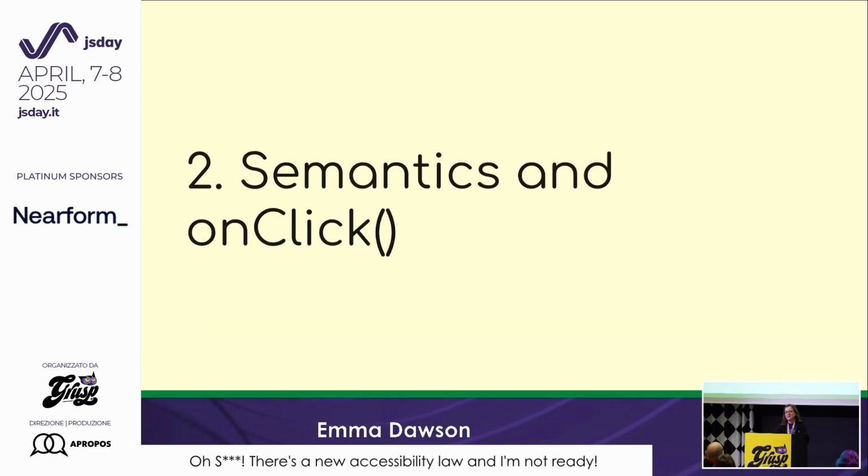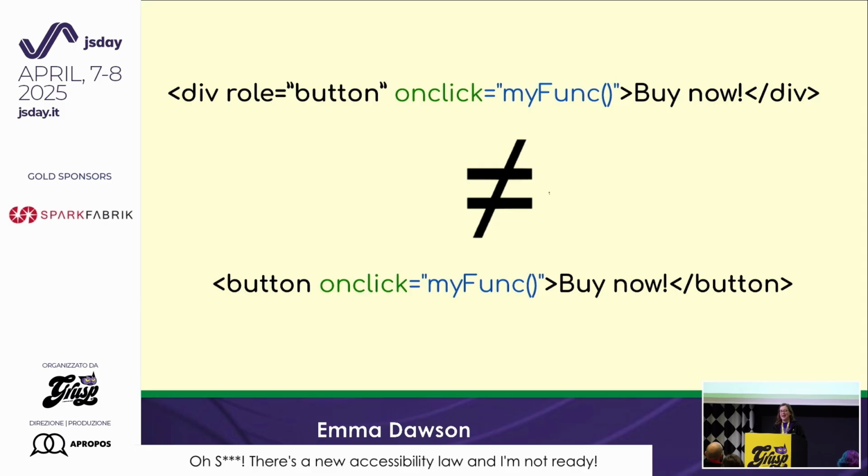Okay, and then semantics is also related to JavaScript in the sense that the on-click method specifically is something that is influenced by the semantic HTML that we choose to use. And you would be amazed that this actually still happens, but div role equals button with an on-click function is not the same as button with an on-click function.